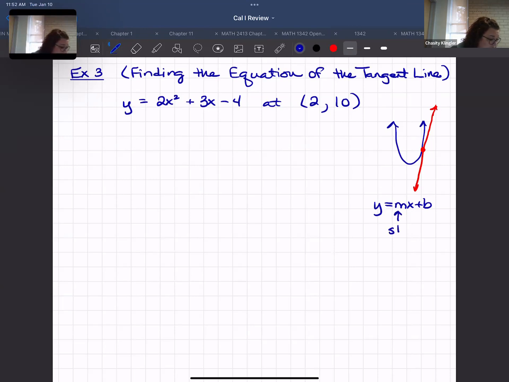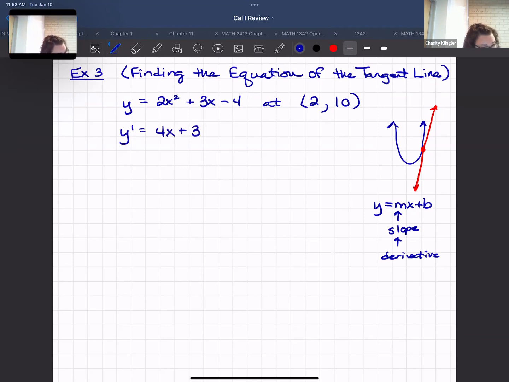I need a slope, which remember, the slope is the derivative. So you might have been thinking, what does this have to do with what we're doing? But that's the whole thing, the derivative is the slope, okay? So I'm going to find the derivative of that, which is 4x plus 3, right?